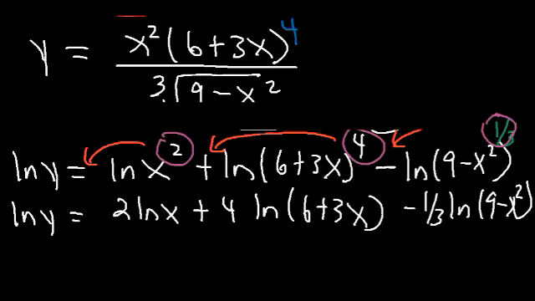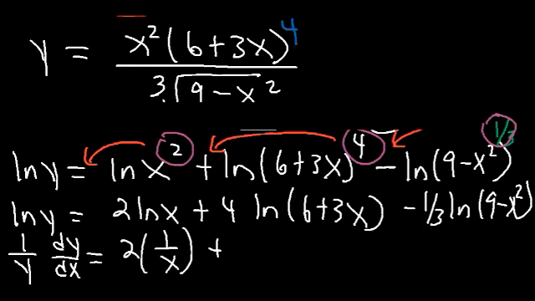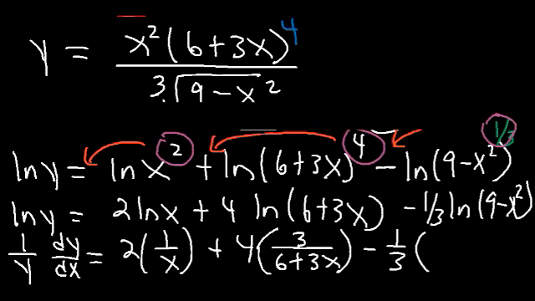Now let's find the derivative. So it's going to be 1 over y dy/dx. The derivative of ln x is 1 over x. And for the next one, it's going to be the derivative of the inside. The derivative of 6 is 0, and for 3x is 3, divided by 6 plus 3x, minus 1/3. The derivative of 9 minus x squared is just negative 2x, divided by what was originally inside.